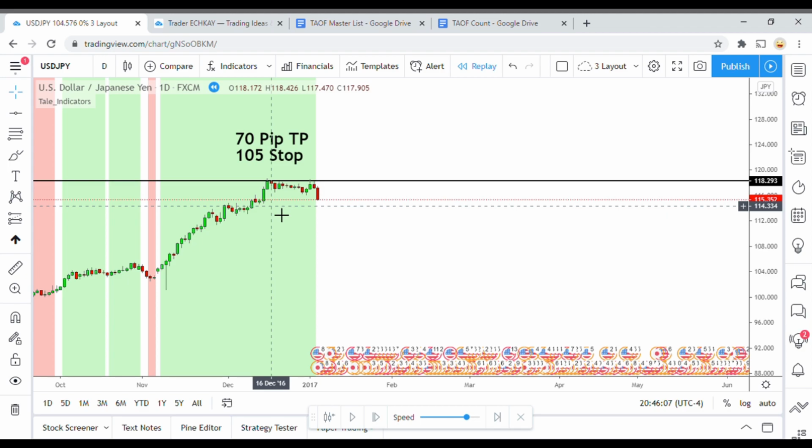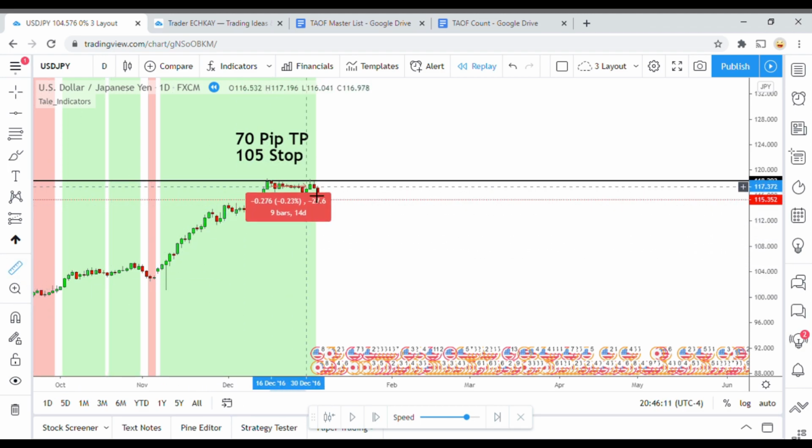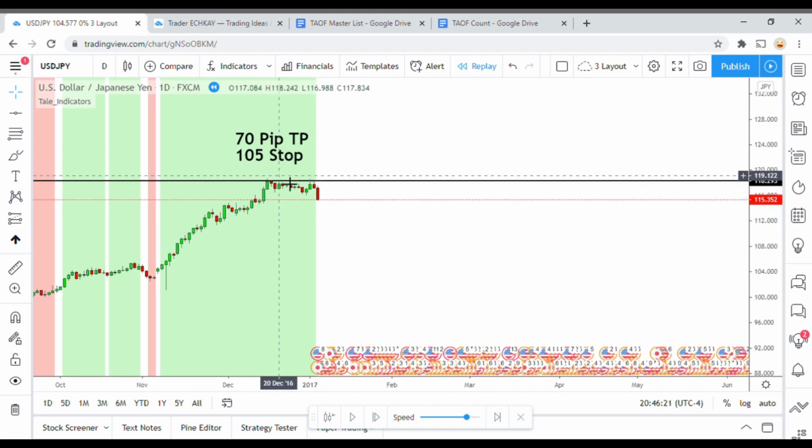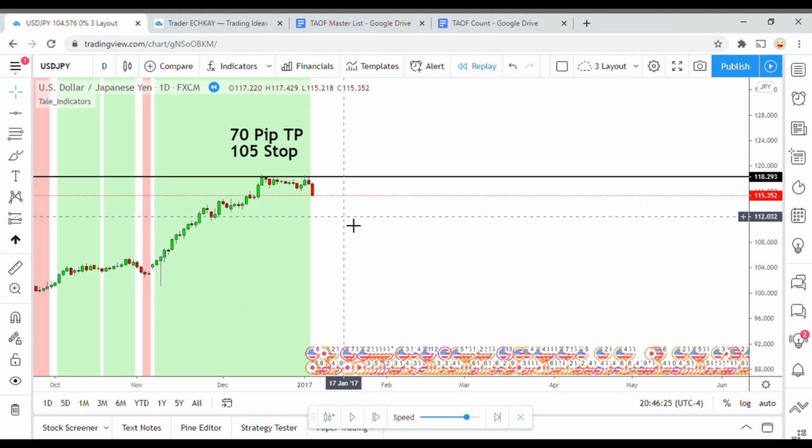And then once they've had enough of that, in this case it was about 18 days, so we're looking at well over two weeks of accumulation where they just sat here and stacked up orders.